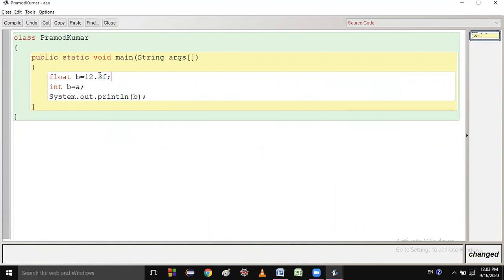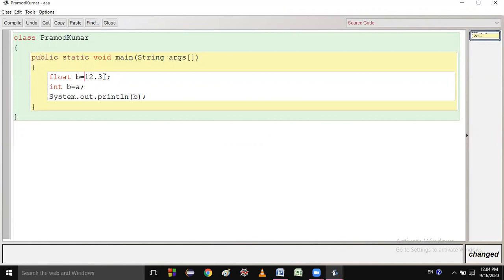I already explained why we should write f here. If you do not write f, then it will think this is a double, and there will be a type conversion error.